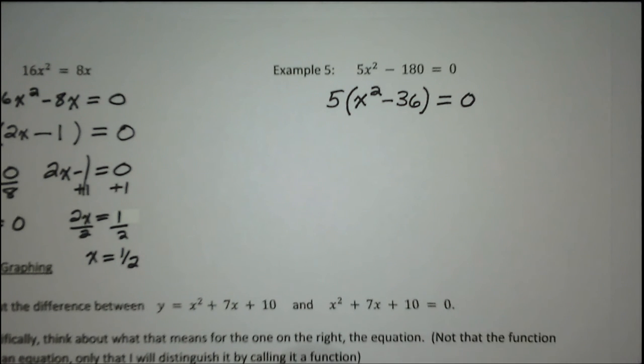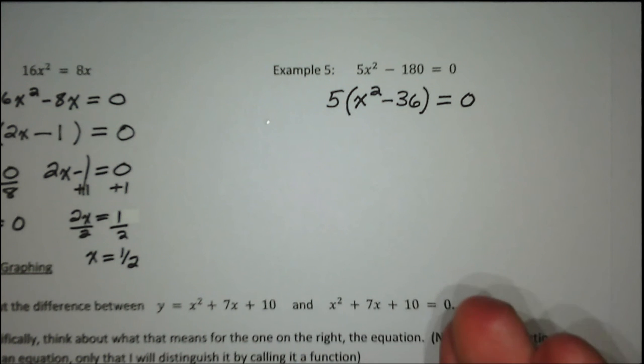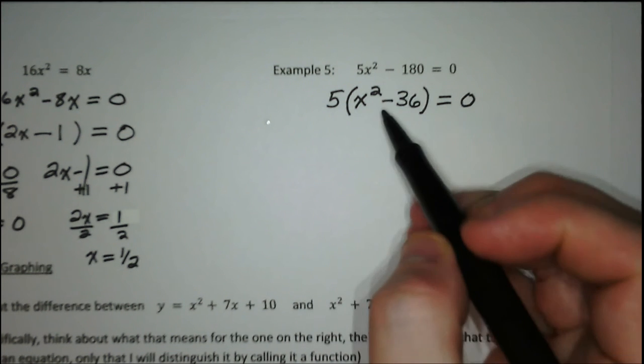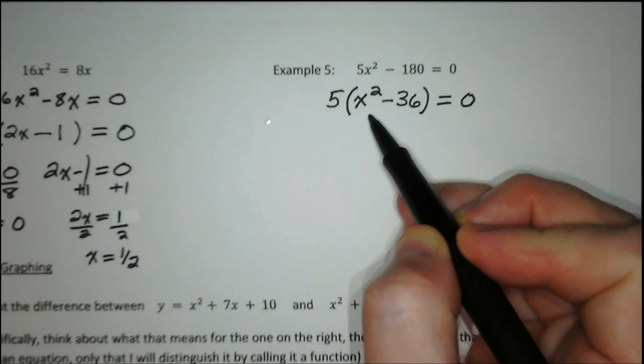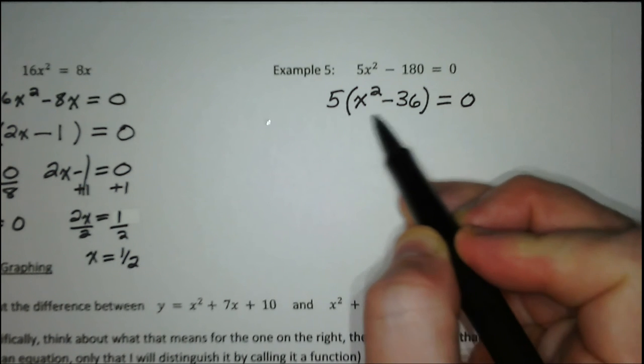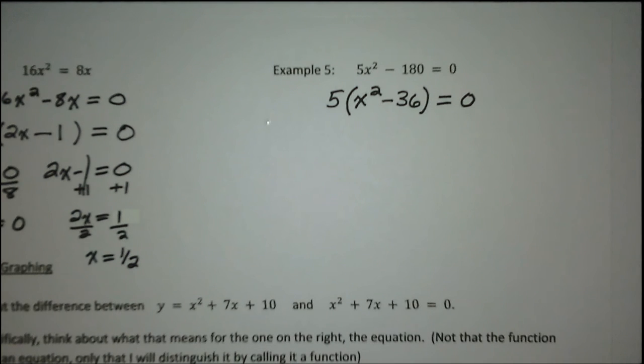Sometimes you can factor out a GCF and the bubble that's left over can actually factor again. This time, of course, it would have to be by unfoil.